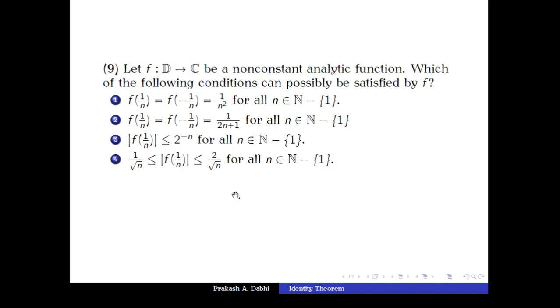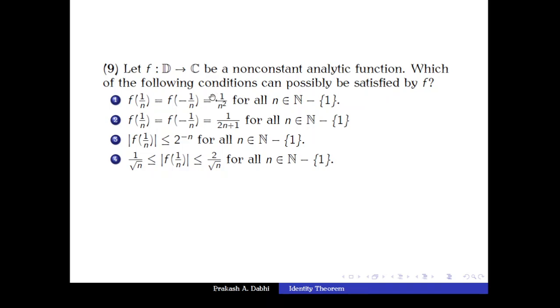And the fourth condition, does there exist a non-constant analytic function f on D satisfying 1 upon square root n less than or equal to f of 1 by square root n less than or equal to 2 by square root n for all n? So we shall see answers, and if such a function does not exist, we shall give arguments for that.